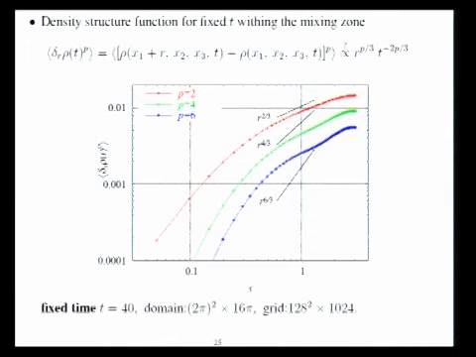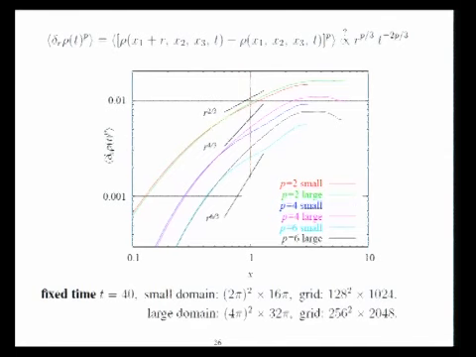Okay, so now I'm going to the density structure functions. So here, for the second order structure function, the scaling exponent may be very close, but for p equals 4 or p equals 6, the scaling exponent can be quite different if you trust these figures.